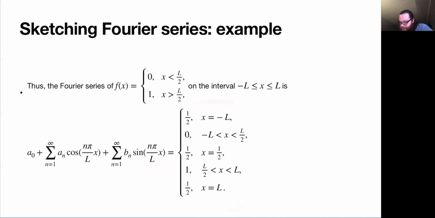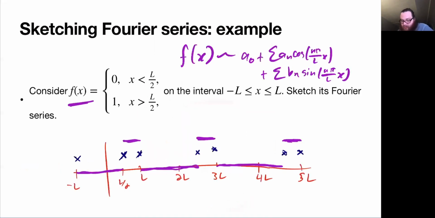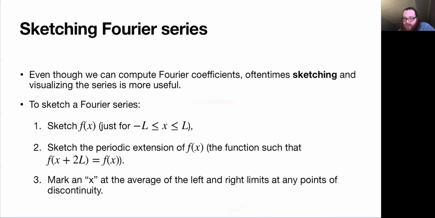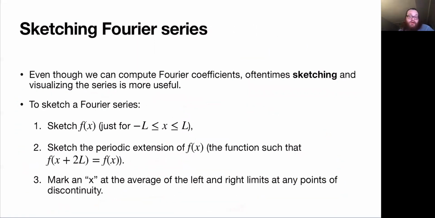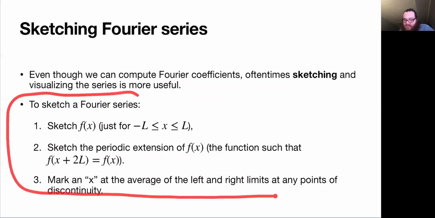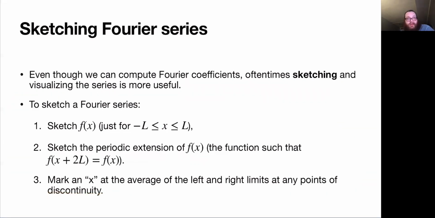The takeaway for all of this is, if we want to qualitatively get a sense of what these Fourier series look like and what general properties they have, we can sketch them, and we have a procedure for sketching them based on this convergence theorem.